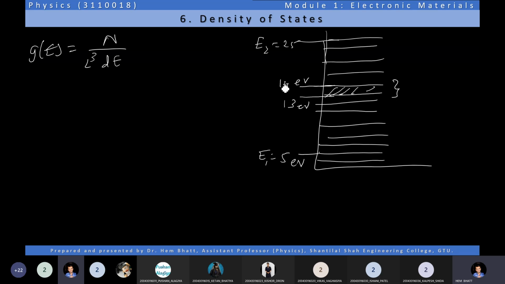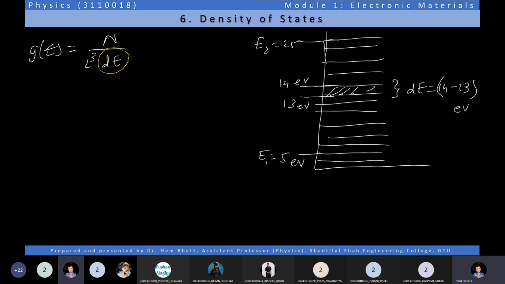Okay, so what is dE in this case? dE will be 14 minus 13 eV, and that is why this factor is important. This dE is important because we want to find out energy density, density of states for particular energy interval.